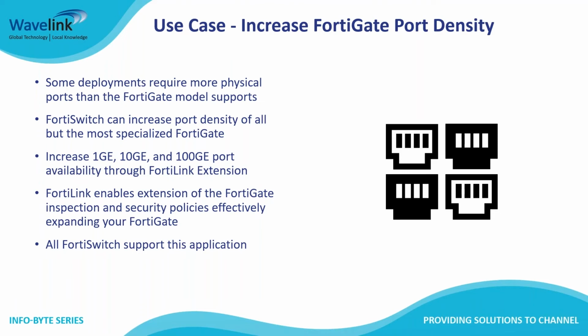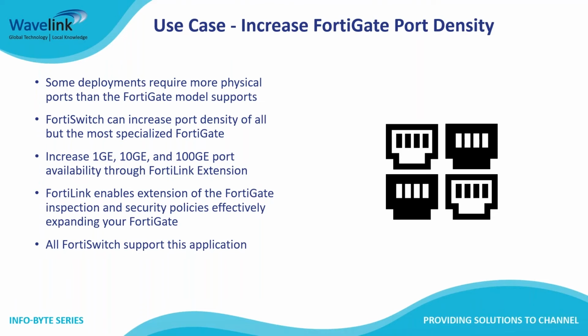And after doing that, the FortiGate, when we are creating security policies, just like we can use any of the FortiGate's native ports as a source or a destination in a policy, we can use the VLANs as a source or a destination in a policy.